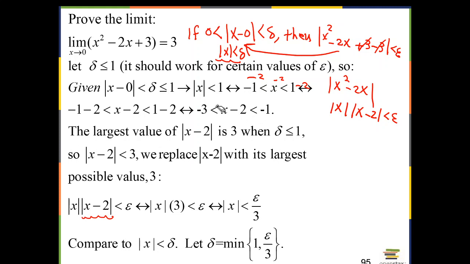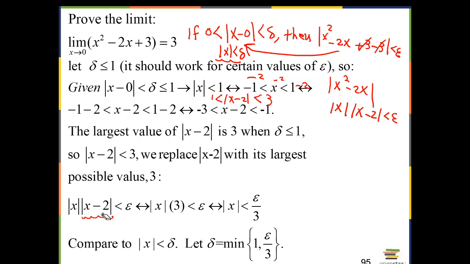If x minus 2 is between negative 3 and negative 1, where is absolute value of x minus 2? Well, absolute value of x minus 2 would be between absolute value of this and absolute value of this, which will be between 1 and what? 3. That means the maximum value of absolute value of x minus 2 would be 3.